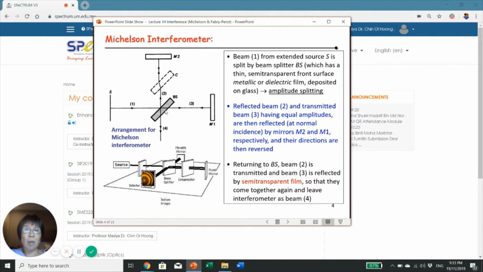So in order to compensate for this extra path such that it will be easier to equate these two optical paths, we place a compensator here which has equal thickness as the beam splitter, usually the same material, and is placed parallel to the beam splitter here.